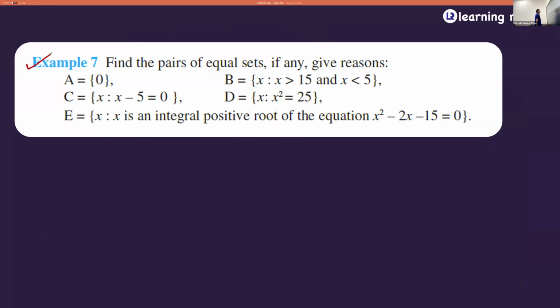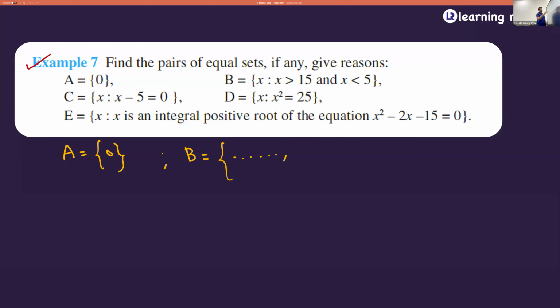Example number 7. Find the pairs of equal sets, if any, and give reasons. A = {0}, B = {x : x > 15 and x < 5}. Okay, let me write all the sets. So what will be the elements?